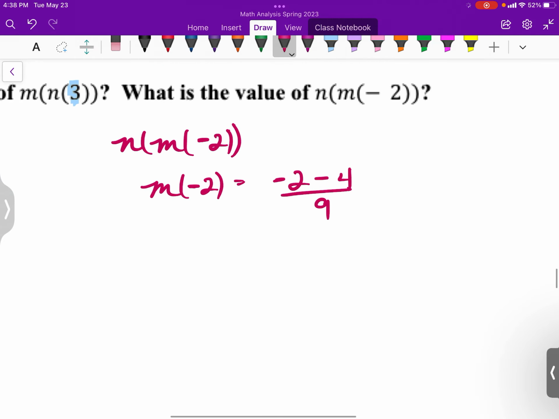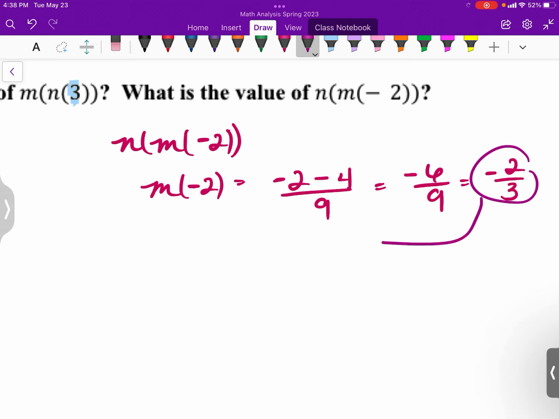That's correct. So that would give us negative 6 over 9, which simplifies to negative 2 over 3. Now, from here, we're going to grab this and input it into n of negative 2 over 3.